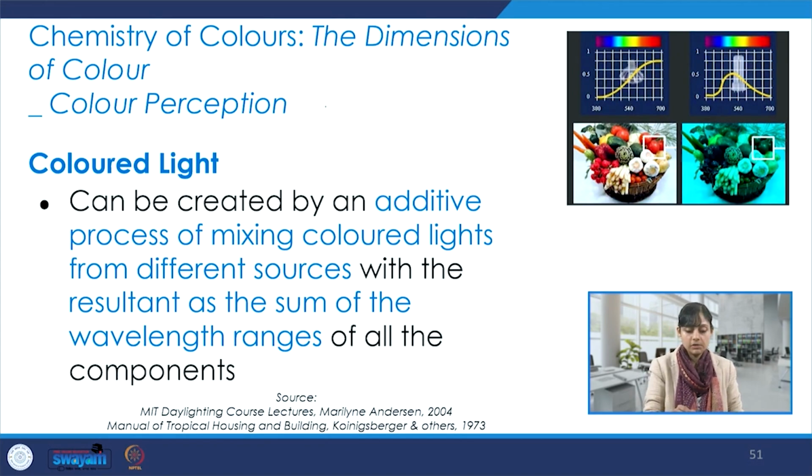There is also color perception. And when we talk about color perception, we talk about colored light, apparent colors. So when we talk about colored light, it can be created by an additive process of mixing colored lights from different sources, with the resultant as the sum of the wavelength ranges of all the components.